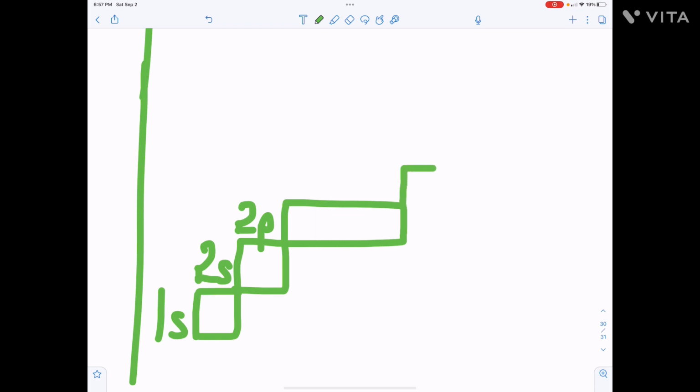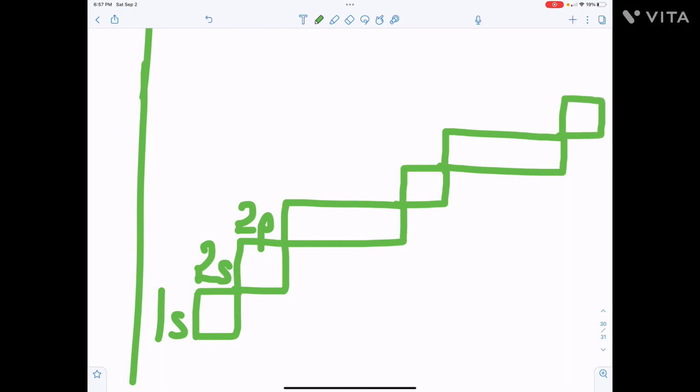Let's try and manage our space now. 3s, 3p, and what? 4s. Each of the p subshells has 3 orbitals.